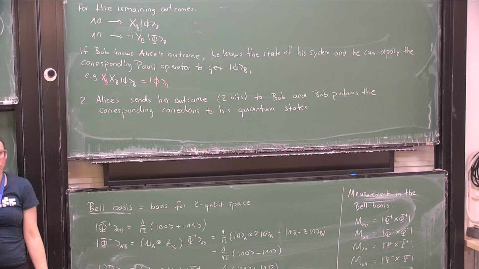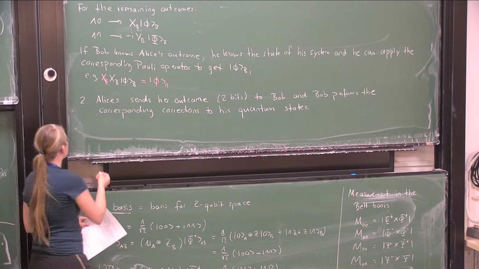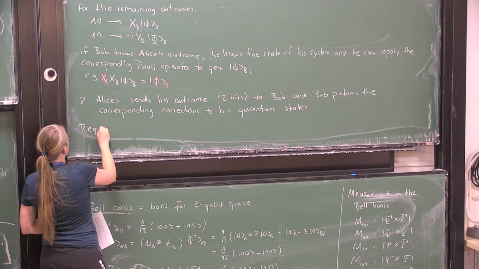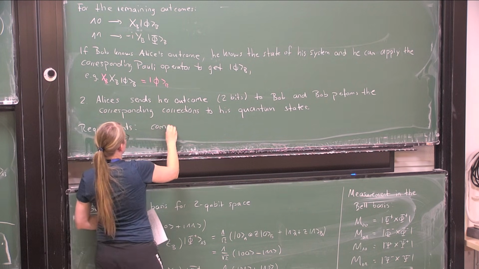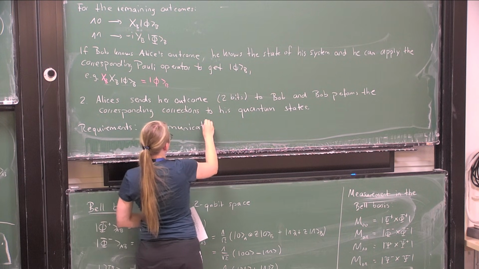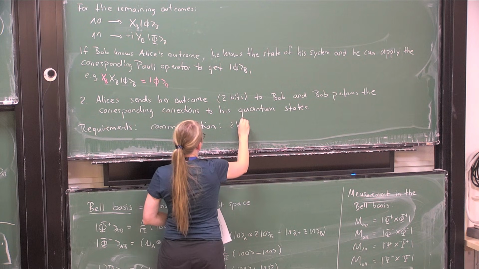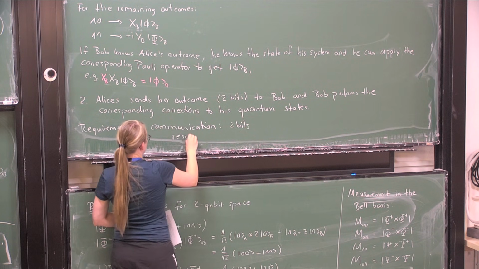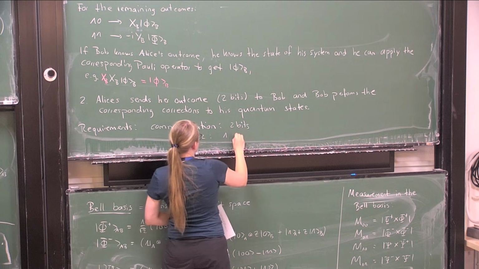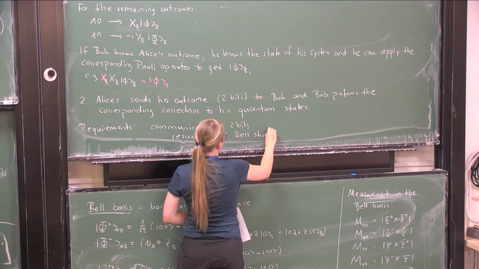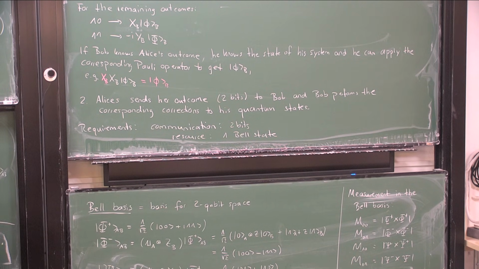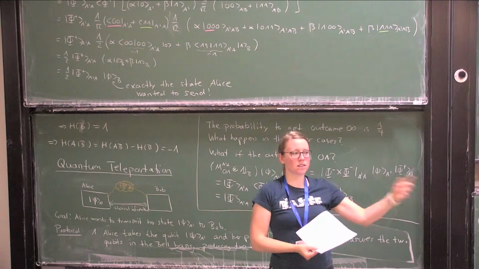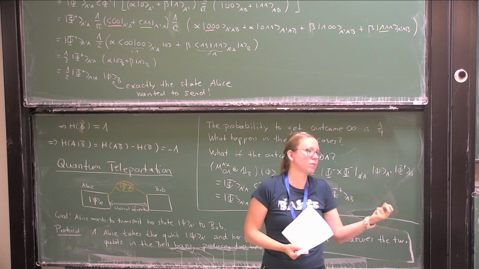So what this protocol in the end requires is 2 bits of classical communication and 1 entangled state as a resource. So the communication is 2 bits, and the resource is 1 entangled state. You can see the name quantum teleportation comes from the fact that you can send an arbitrary qubit state without communicating quantum information.